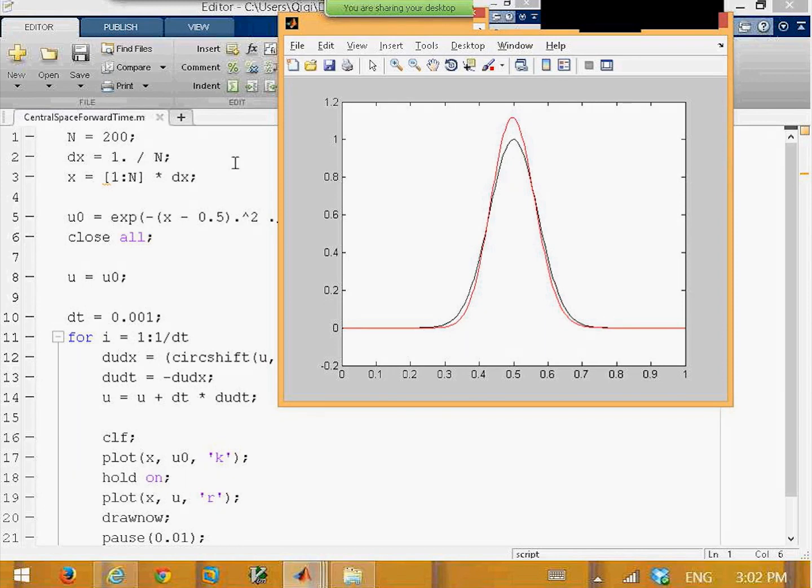Question? We have to compare this. Let me answer your question first. The question is on backward difference versus central difference.